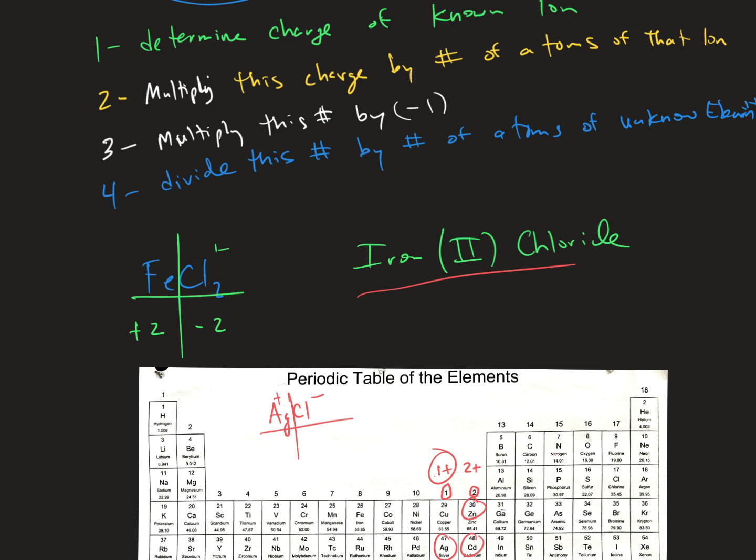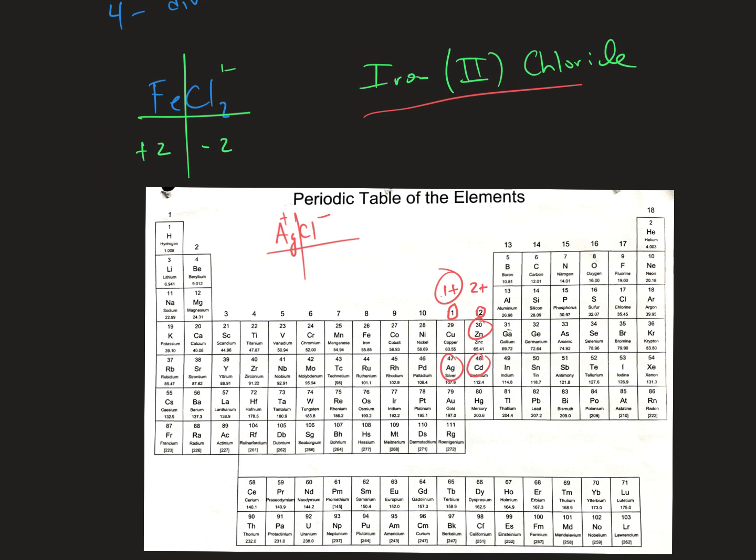Because it depends on the charge, right? Since there's only one way to have silver and chlorine, then we just call it silver chloride. But again, I'm not going to put up a fit about that. If you put silver 1 chloride, great. Okay?